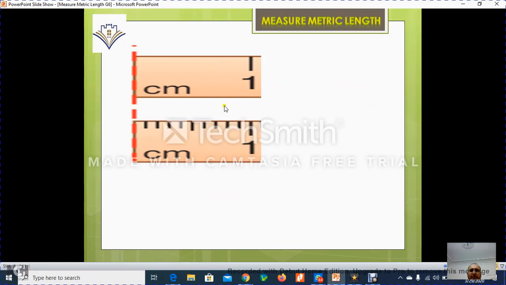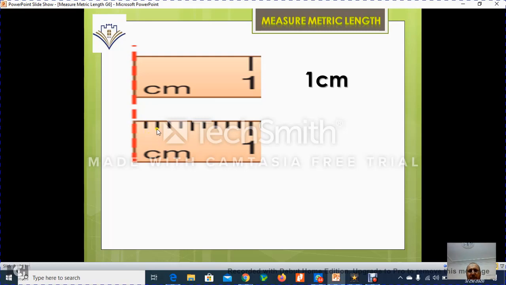The second slide is a part of a ruler. The first here is 1 centimeter, and this also is 1 centimeter, but we can see a lot of black lines here. What is that? Yes, the distance from this red line to this short black line is equal to 1 millimeter.